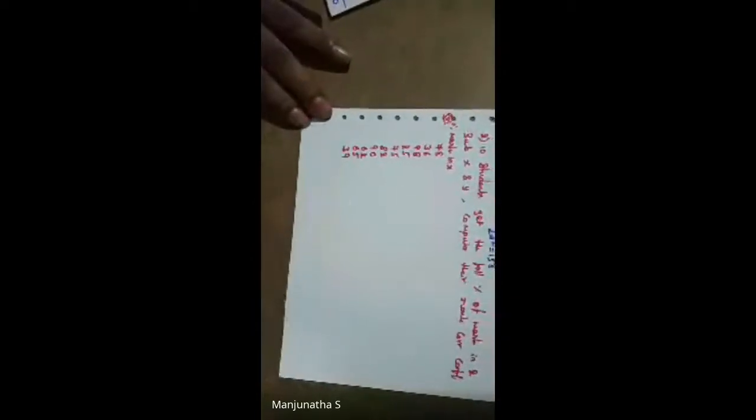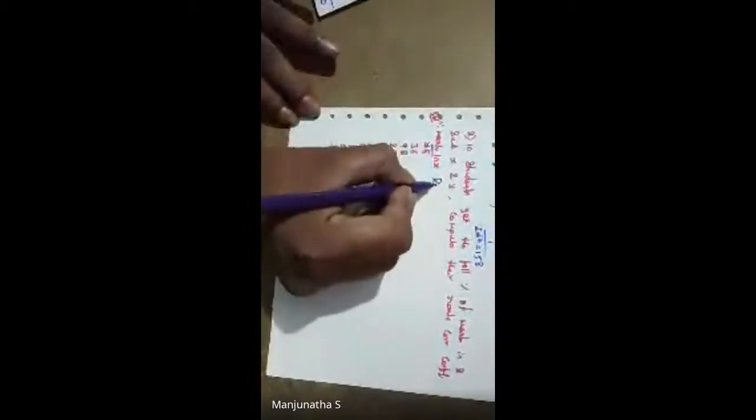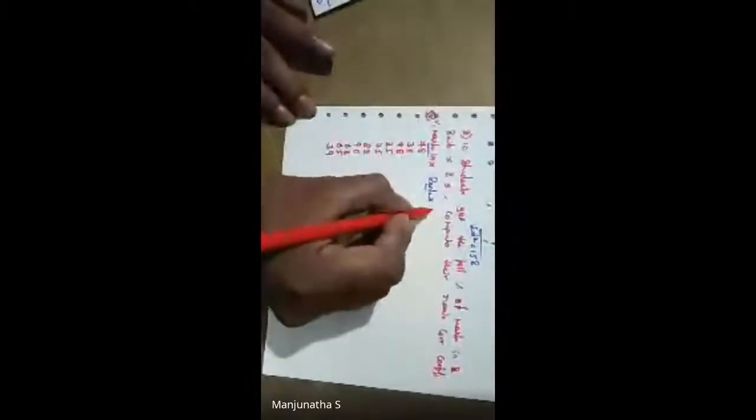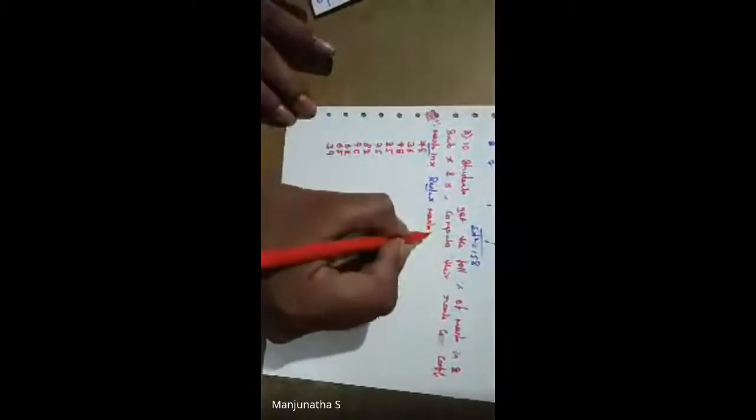So we are finding correlation between the ranks. So we need rank in X. So rank of X we need. Okay. Next, one more data they have given. That is marks in Y, that means the second subject.